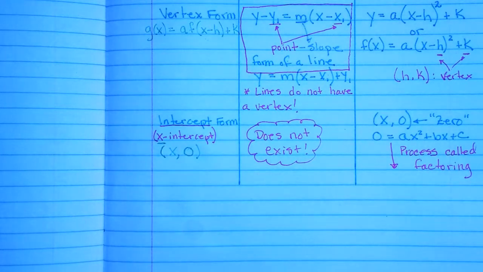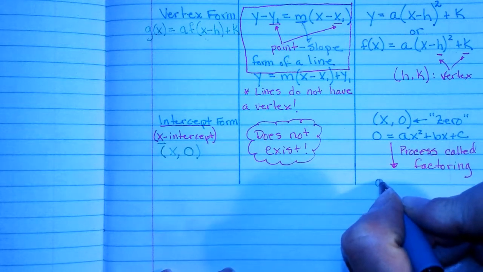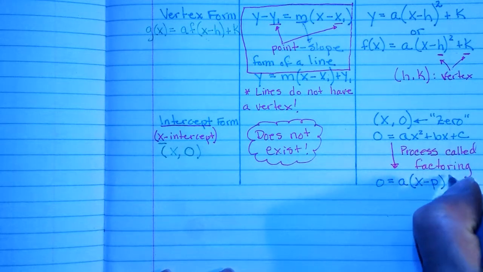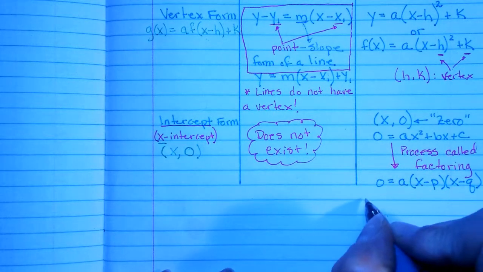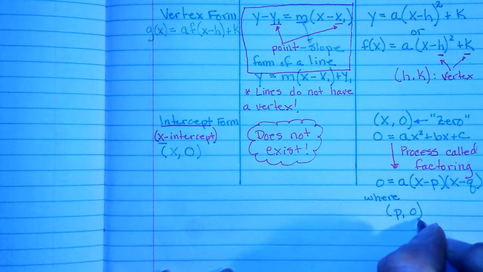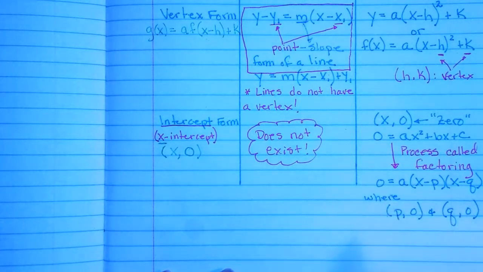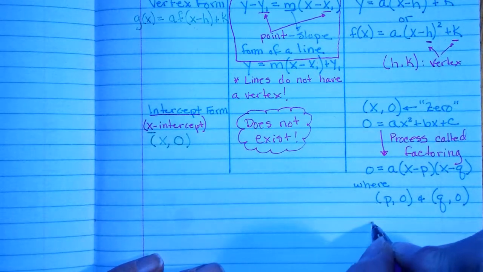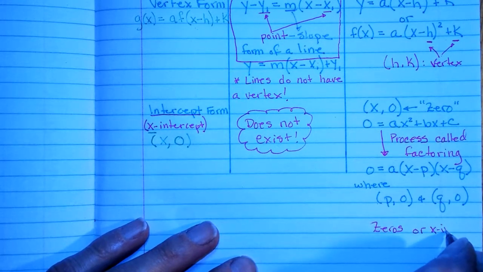And when we go through the process called factoring, we end up getting 0 is equal to a times x minus p times x minus q, where p comma 0 and q comma 0 are my zeros or my x-intercepts. So these are called zeros or x-intercepts.